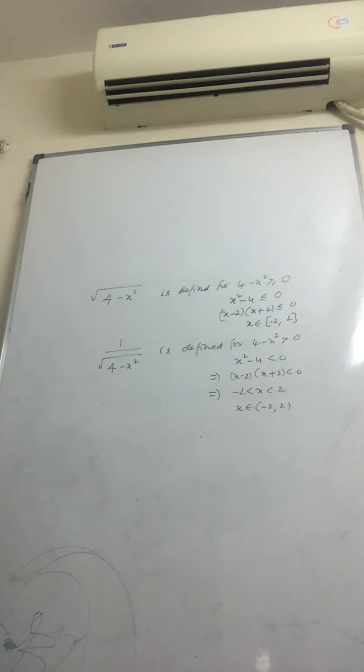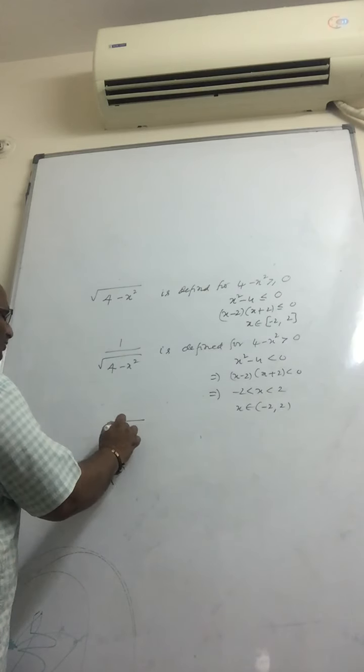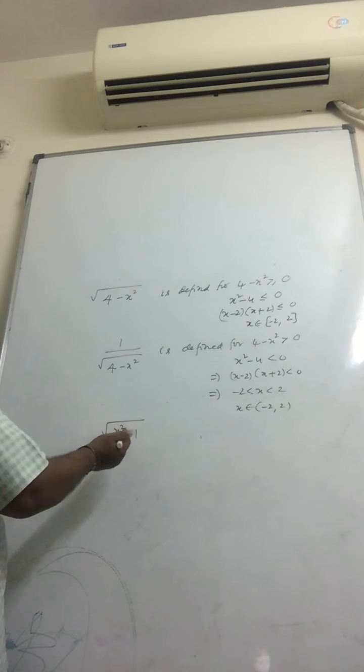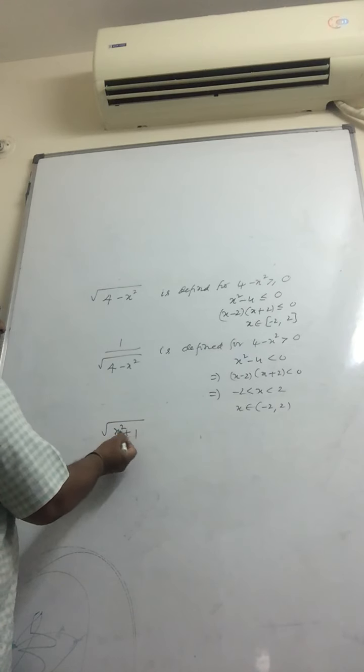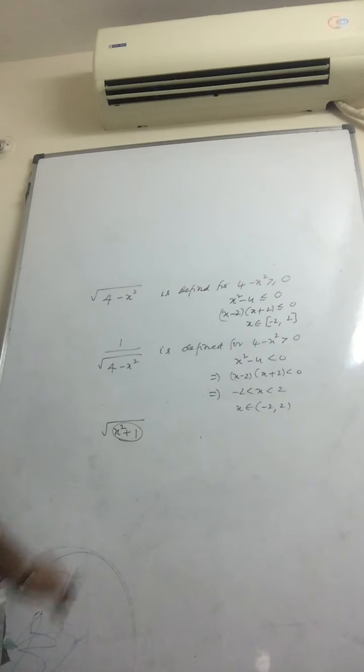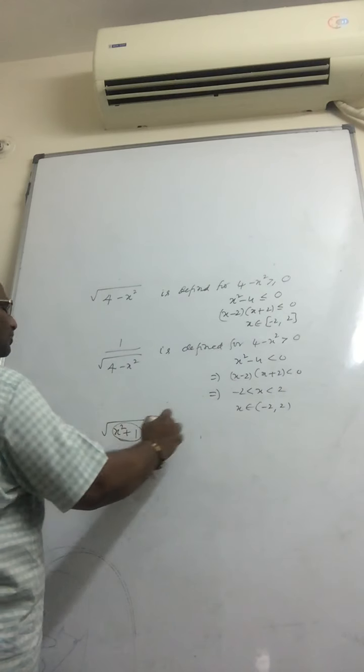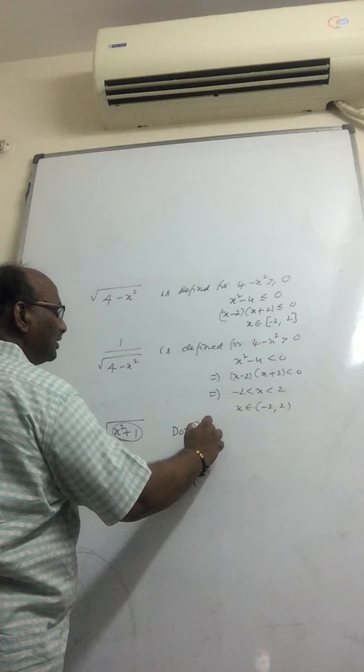I discussed all categories. But there are some functions like root of x square plus 1. Here we don't have any restriction. X square is non-negative, 1 is positive. Whatever x you substitute, it is always positive. So the domain is real numbers.